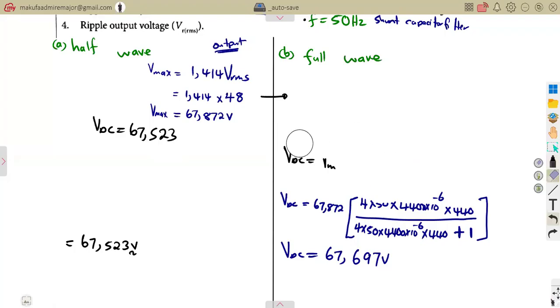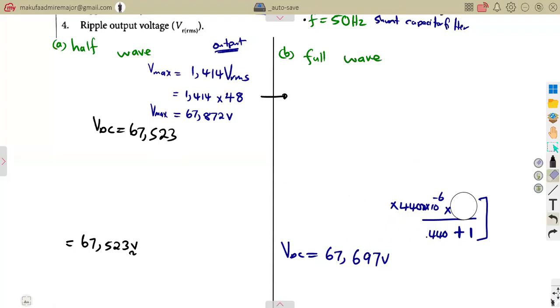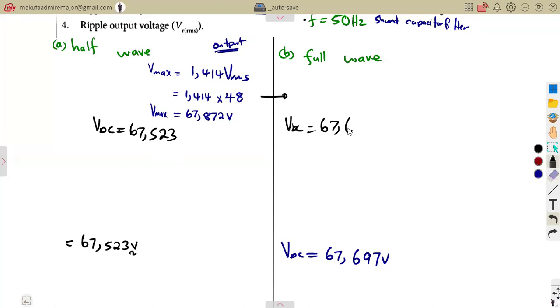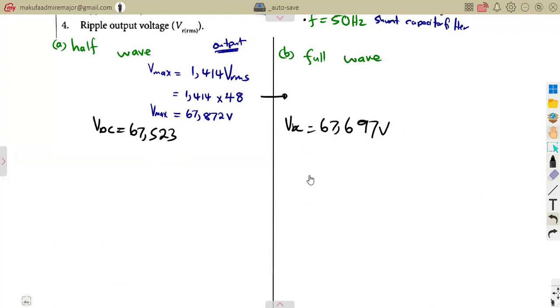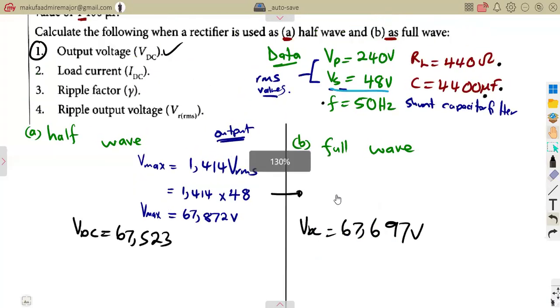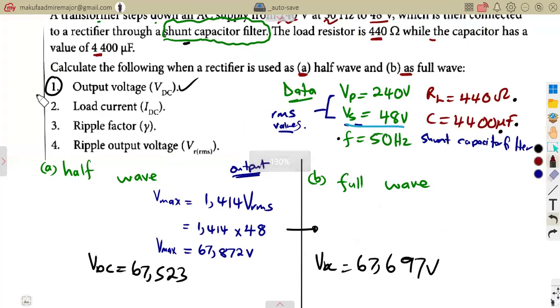Then on this side, for a full wave, that is 67.697 volts. Like I said, we might need these values later on. Let us just keep them aside and check the other question.